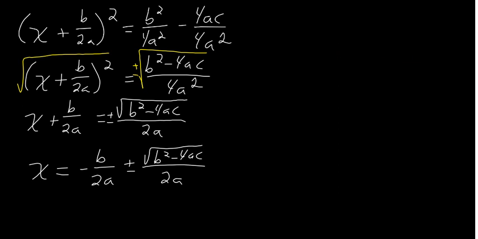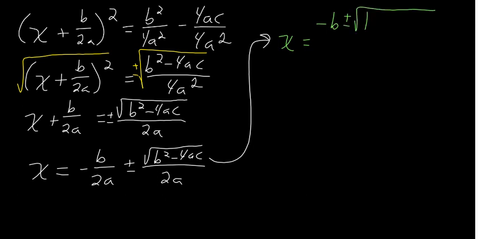All right, finally I catch a break here. It looks like we have a common denominator. So all we're going to do now is just combine the numerators, right? With my common denominator, I now have x is equal to negative b plus or minus the square root of b squared minus 4ac all over 2a.